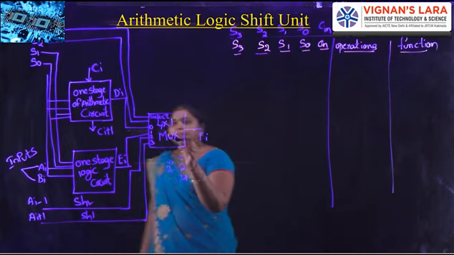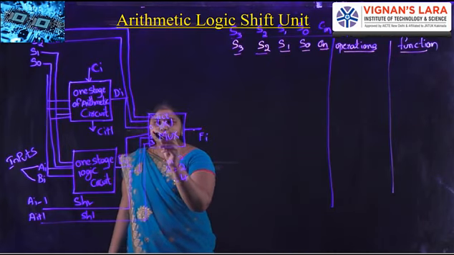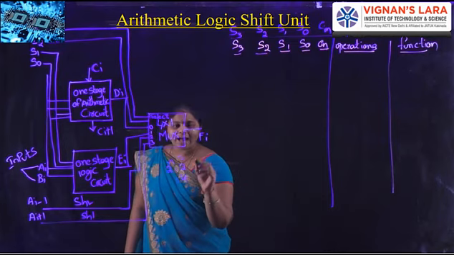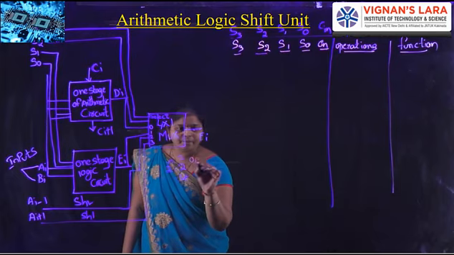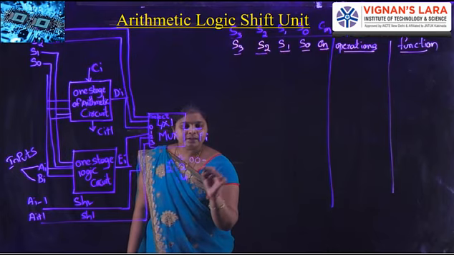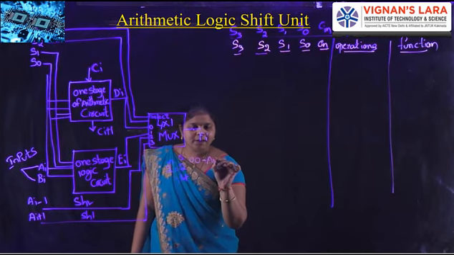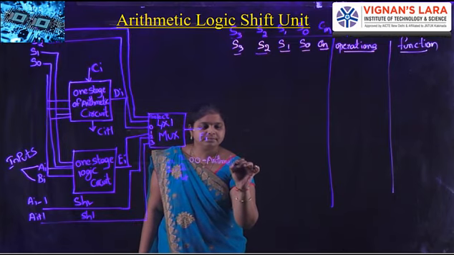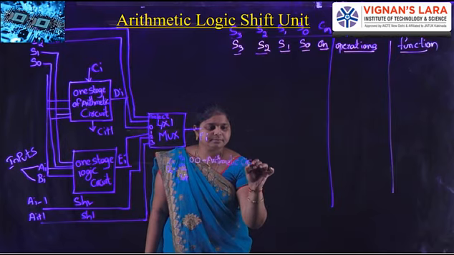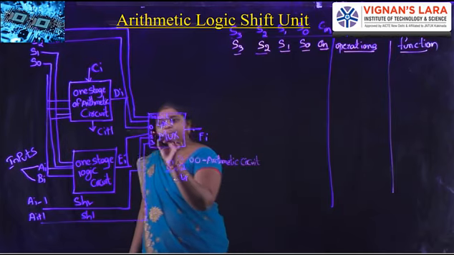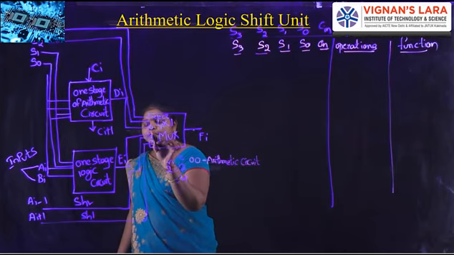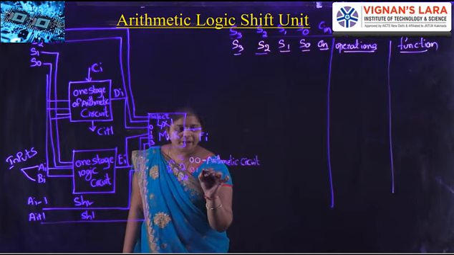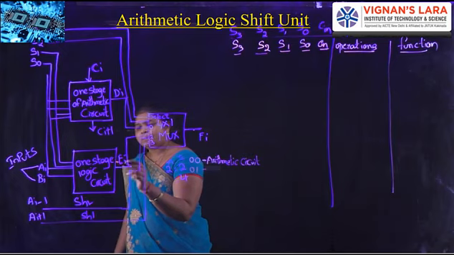Here in the multiplexer we have 4 inputs 0, 1, 2, 3. For 0, 0 we perform the operations by using the arithmetic circuit. Input 1, binary 0, 1, receives the input from the logical circuit.